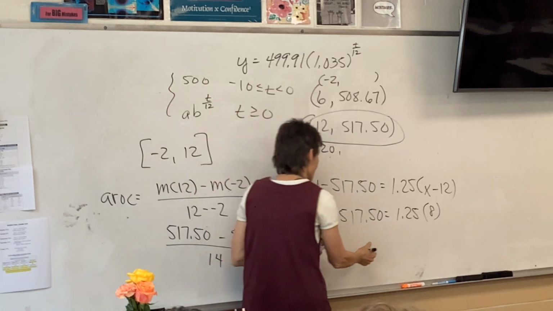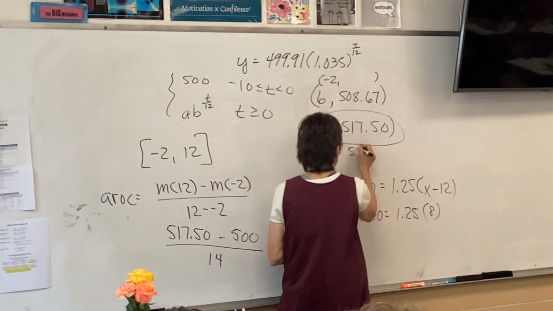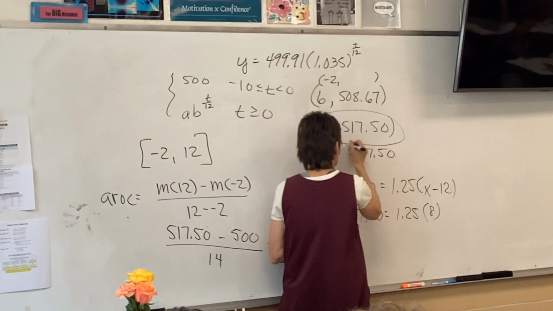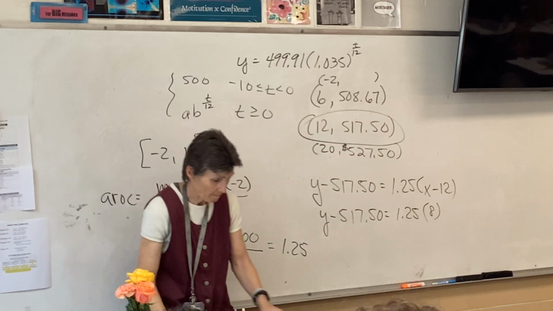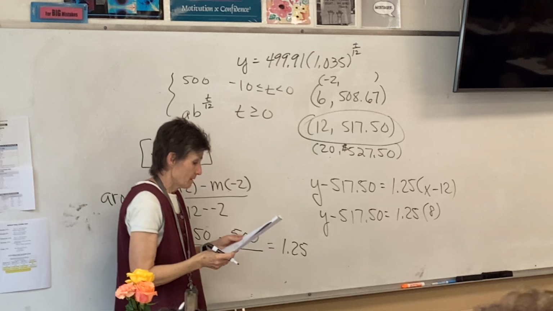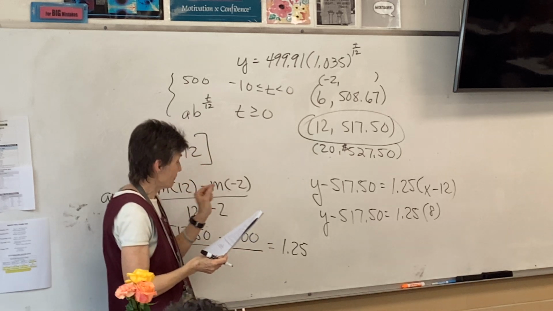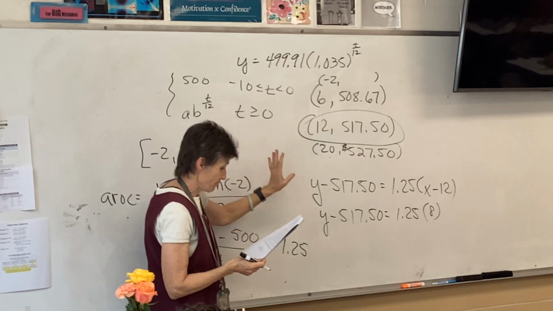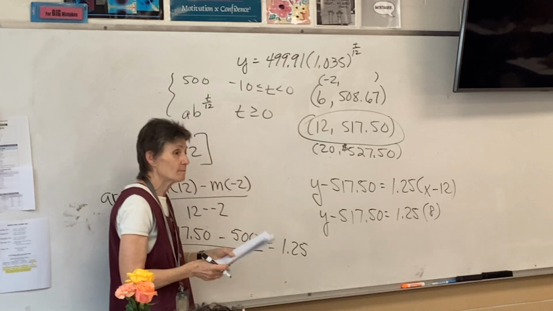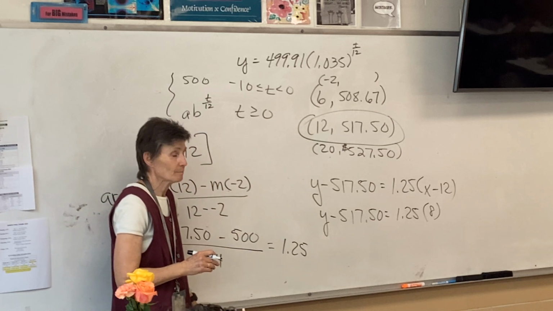Did you get 527.50? Use M of 12 and the average rate of change to find the value when t is 20. What do you think? Is that okay?